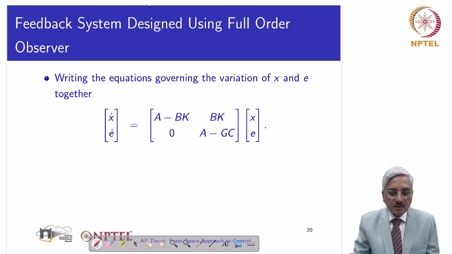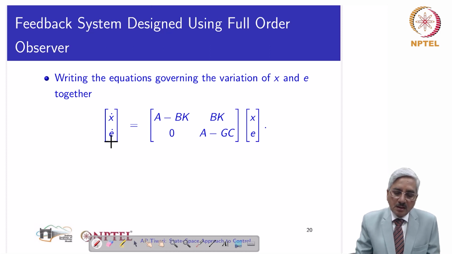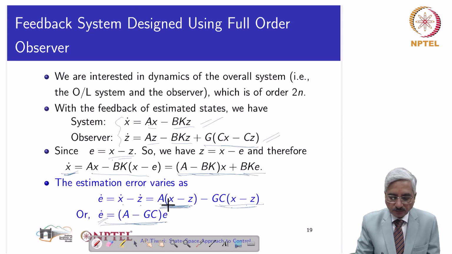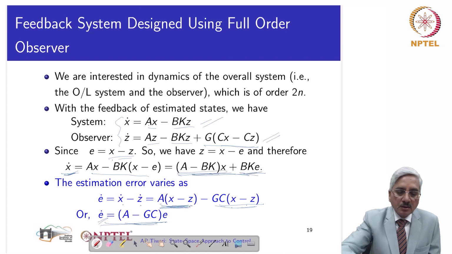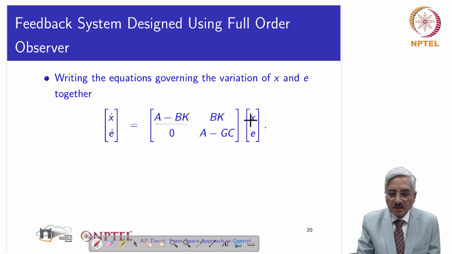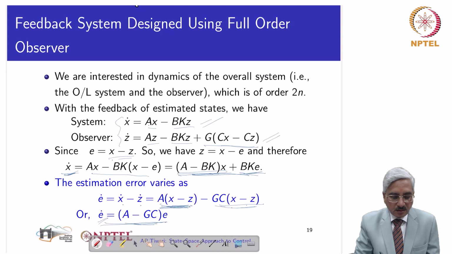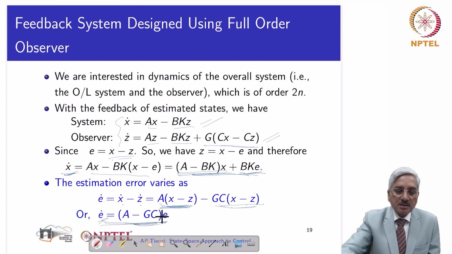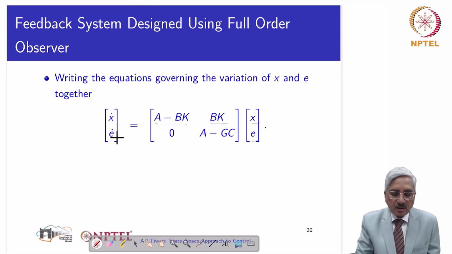And if we write these transformed system equations together, we have this, x dot, e dot. x dot was (a minus bk)x plus bke, so this gives the first row, a minus bk and bk, and e dot was (a minus gc)e, so e dot is 0 times x plus (a minus gc) times e.